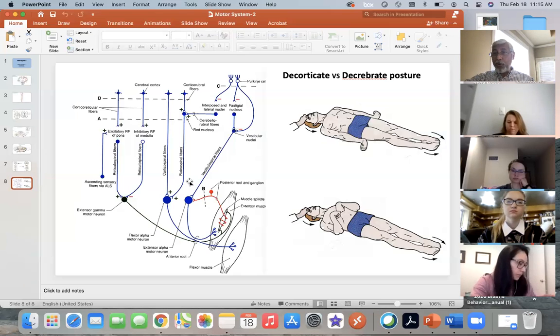Now, if the upper motor neuron is gone, the lower motor neuron will do too much, and your muscles will have more contraction, spastic contraction. Okay, if you get that, now look at this one again.